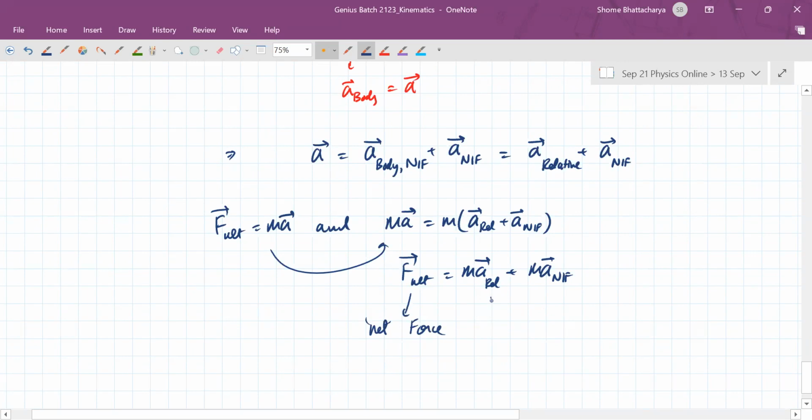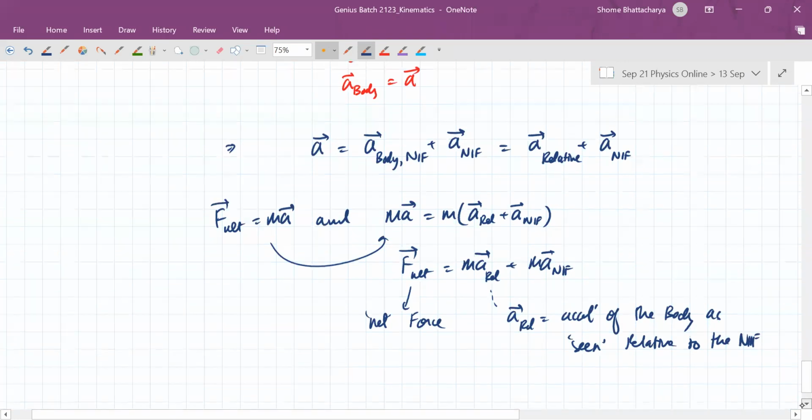But this is the acceleration of the body as seen relative to the non-inertial frame. So basically, this is mass into acceleration in the non-inertial.